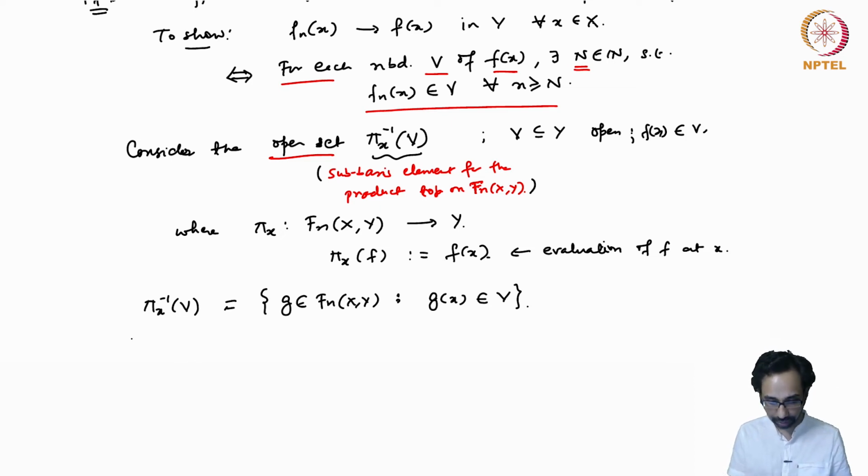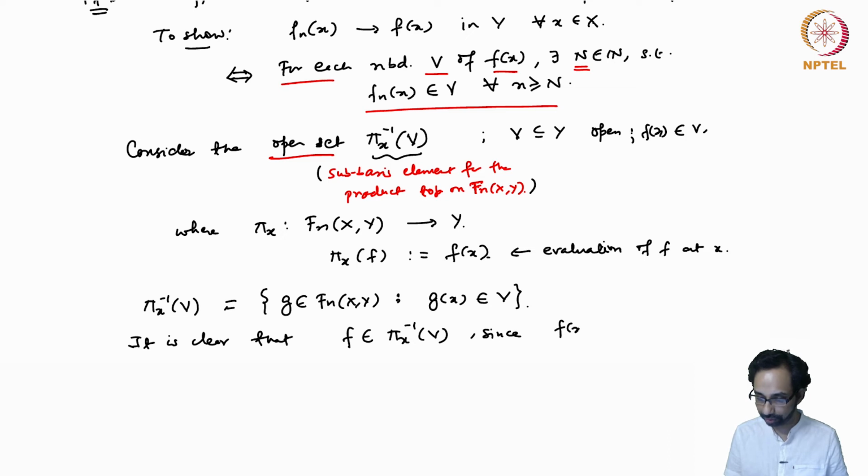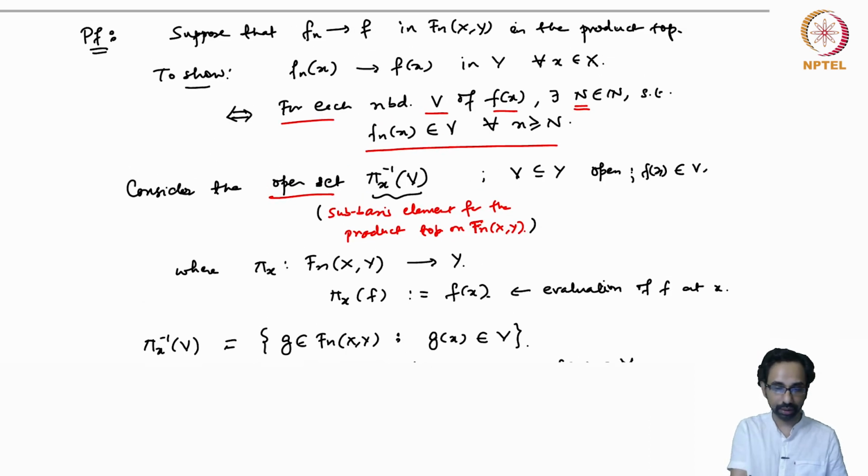With this definition, it is clear that f is contained in pi_x inverse V, since f(x) is contained in V. V is an open neighborhood of the point f(x), and therefore we have f belongs to pi_x inverse V. And now we can use the fact that f_n converges to f, which is our starting assumption, that the sequence f_n converges to f in the product topology.